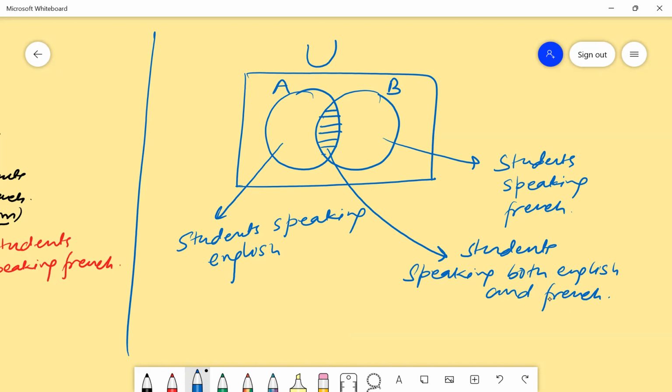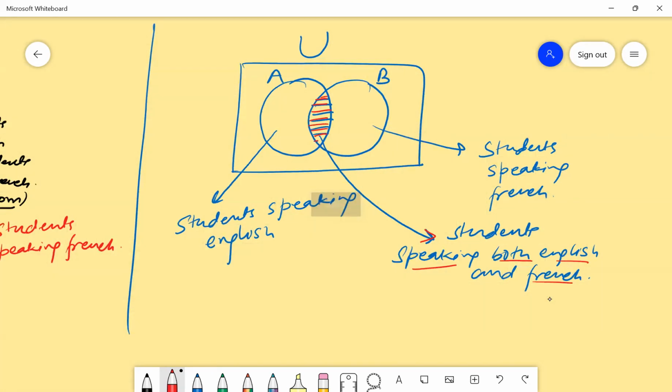In the same way, if you say set B represents number of students speaking French, it doesn't mean set B represents students speaking only French. They speak French, but that they speak only French is not true. So this red stripes portion is justified. This is students speaking both English and French. This may occur, that we can have some students who speak both English and French.